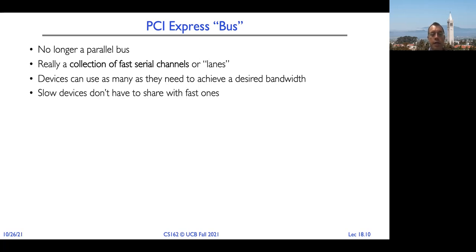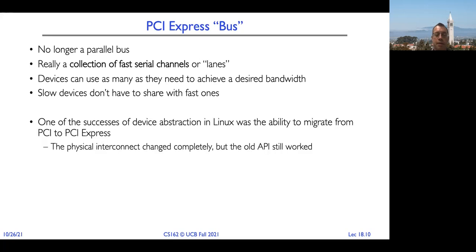For instance, a very slow device like the keyboard can send everything on one line, and you leave all the other lines for others, like memory access or storage. So this allows the slow devices to share the PCI bus with fast devices in an efficient way.